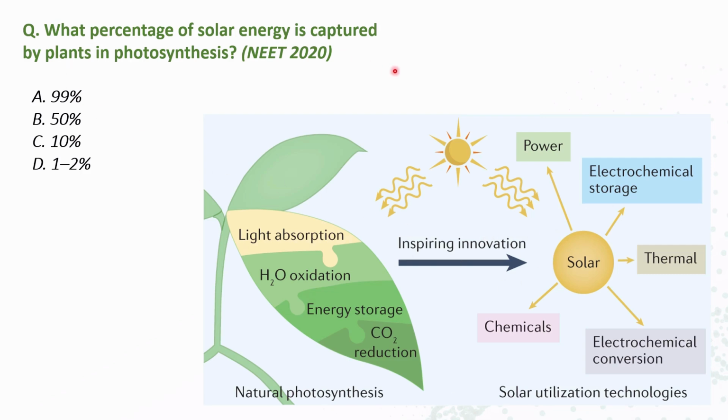But according to this, what is the percentage? When scientists calculated, roughly a plant needs 1 to 5% of the solar energy to undergo photosynthesis.